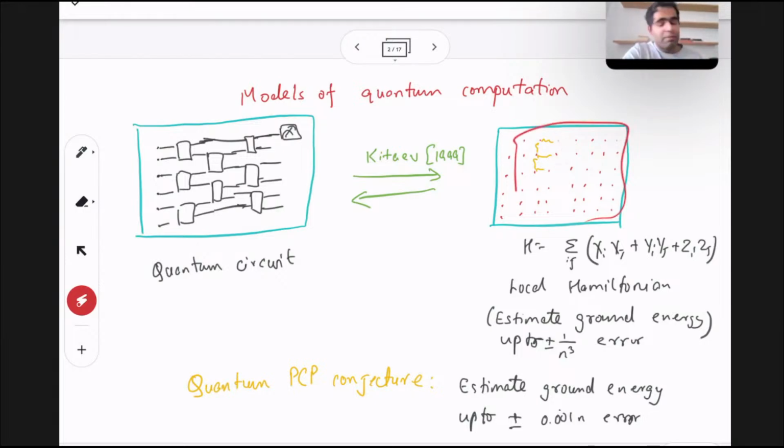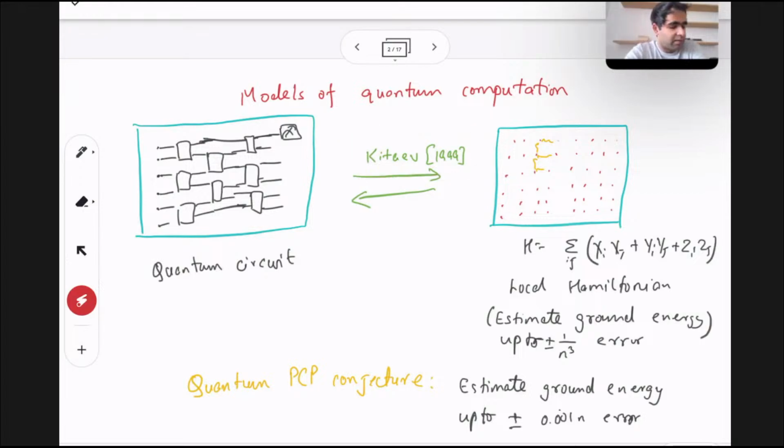And once this Hamiltonian was set up, if you were able to compute the ground energy of this Hamiltonian up to an error of roughly 1 over the number of particles, for some technical reasons we will not get into right now, then you would be able to know the answer to this computation. This is known as the quantum Cook-Levin theorem, and it's a really deep connection between quantum computation and physics.